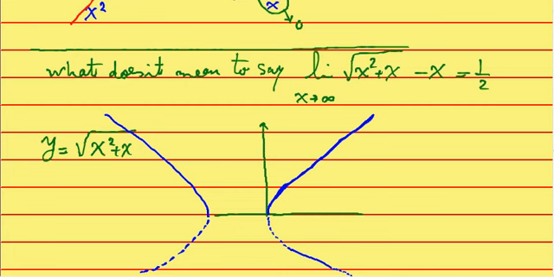Graph of y equal to x, that's going to be, well, that's easy. Graph of y equal to x. Here's the x.